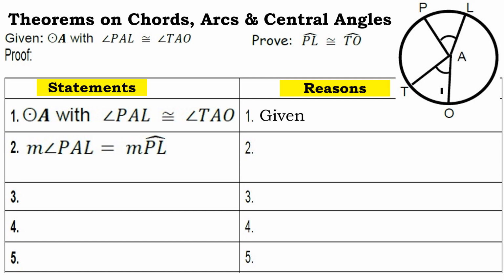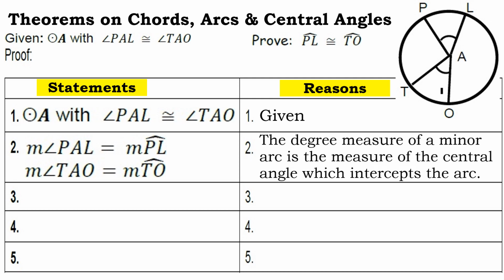The intercepted arc of angle TAO is arc TO. So the measure of angle TAO is equal to the measure of its intercepted arc, arc TO. So, our reason here is the degree measure of a minor arc is the measure of the central angle which intercepts the arc.